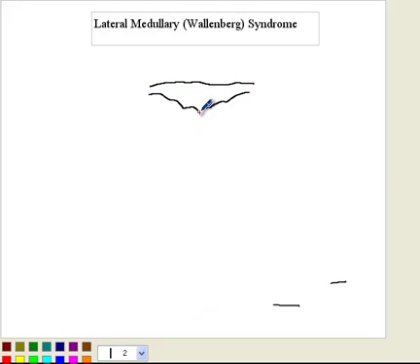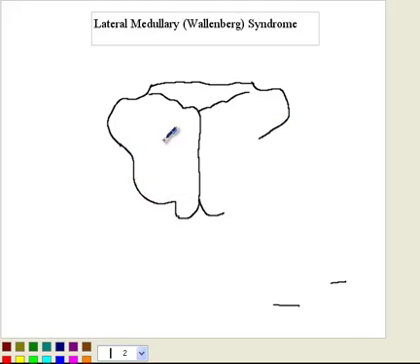I'm not the best artist, but this is what a cross section of the medulla may appear like. And let's just finish it off here.